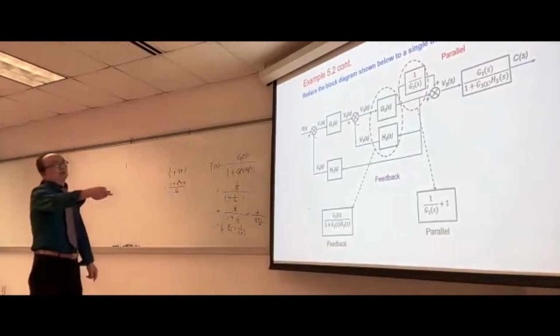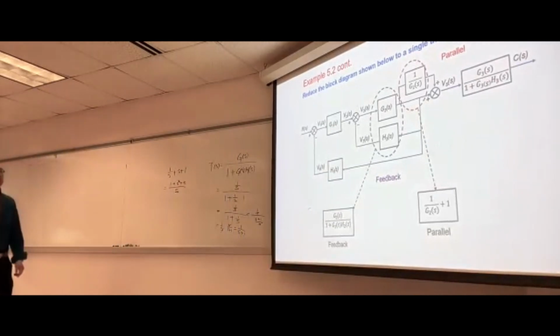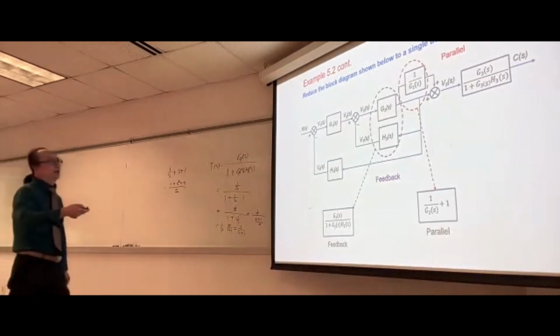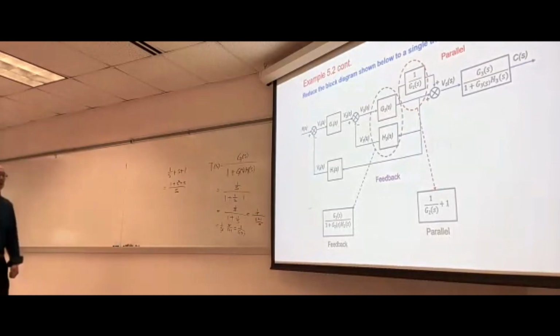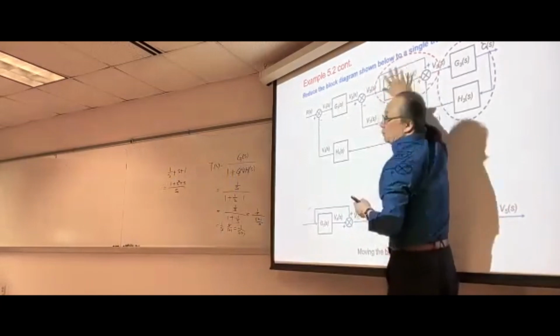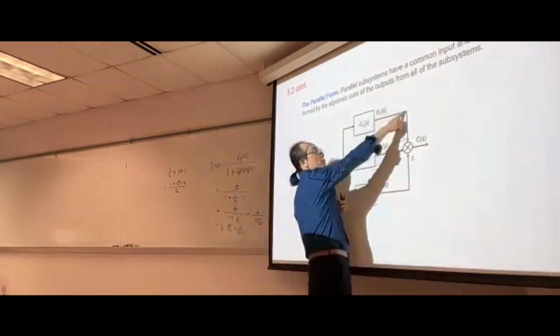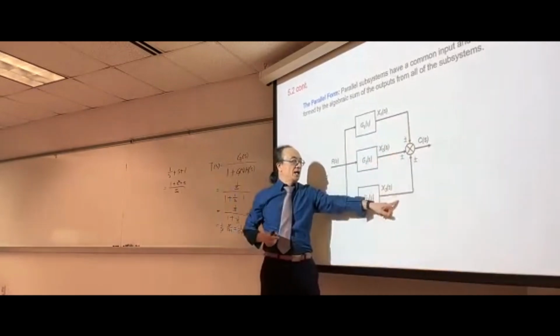And then we already combine feedback G3 over 1 plus G3 times H3. Now we can do the feedback here. So that's G2 of s over 1 plus G2 of s times H of s. Why are these two not parallel? These two are parallel because at the endpoint, they're all getting into the summing junction and there are no lines in between.